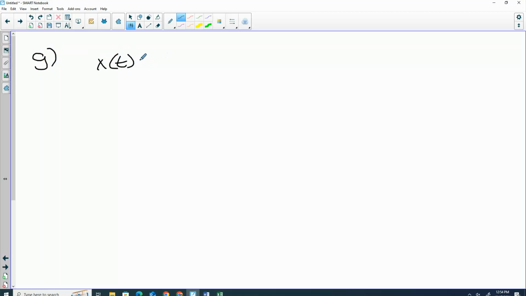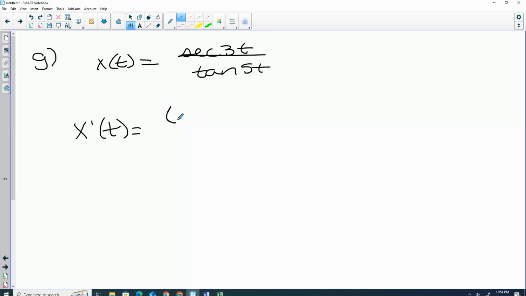We have x of t equals secant 3t over tangent 5t. So we do quotient rule. Well, so tangent 5t, D high. What is the derivative of secant?